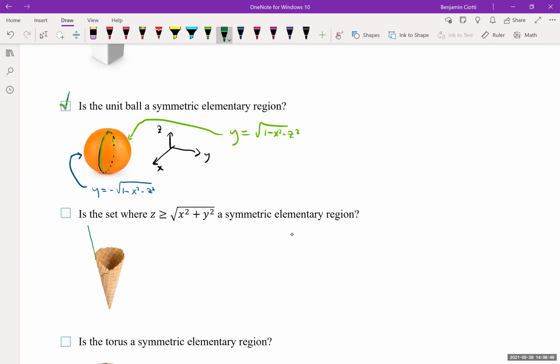And yeah, it does look symmetric, or I should say symmetric elementary, because it's got one pyramid face on top and one pyramid face on the bottom, and similarly with the front and back and the left and the right.